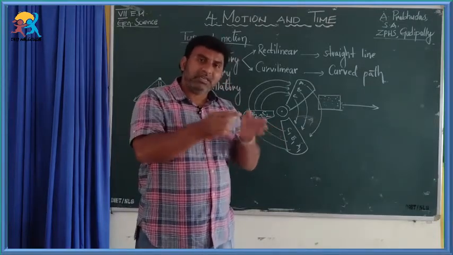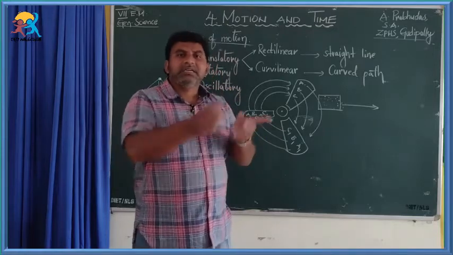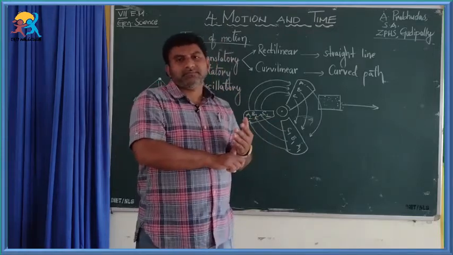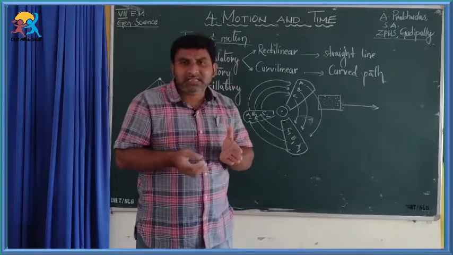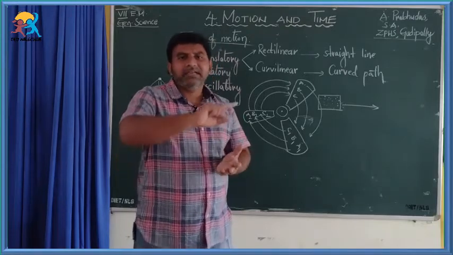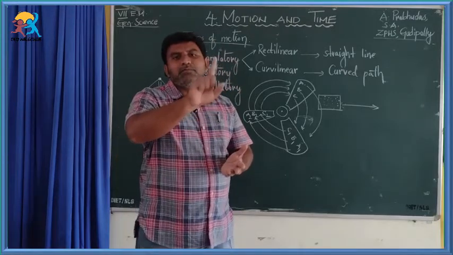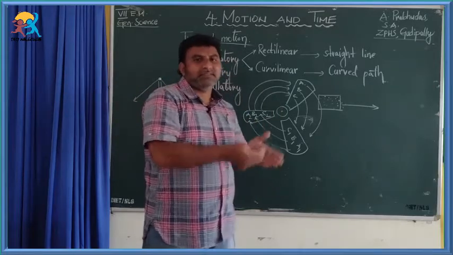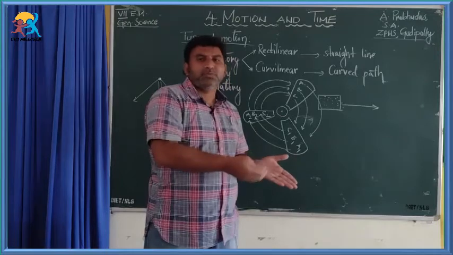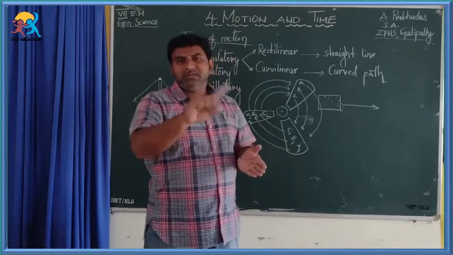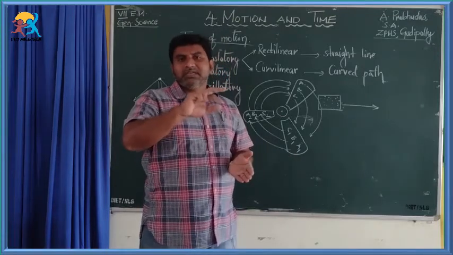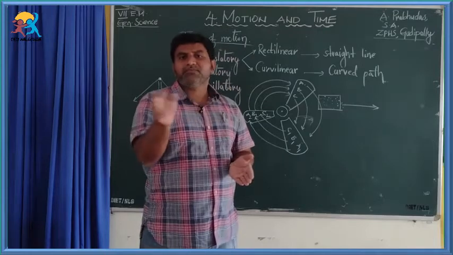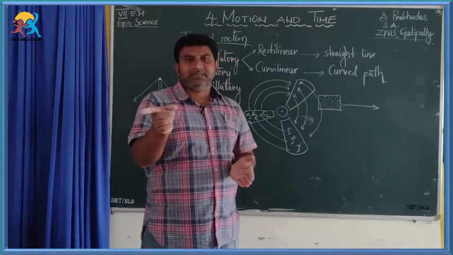Even if the car stops, it comes to the 0 position, and when the car starts and picks up speed, it gradually moves to the right side. Again, if the car stops, it comes back to the 0 position. So, this needle moves in to and fro directions.